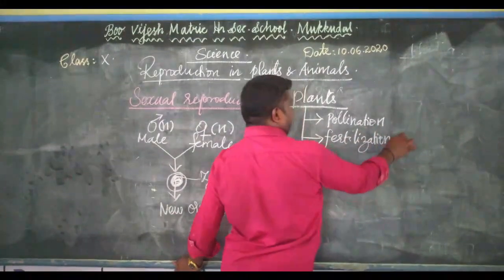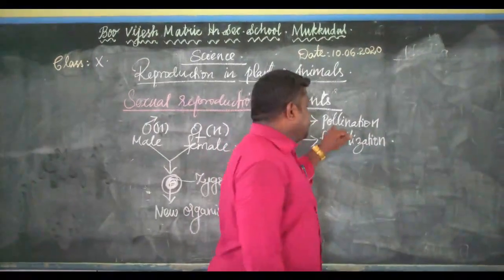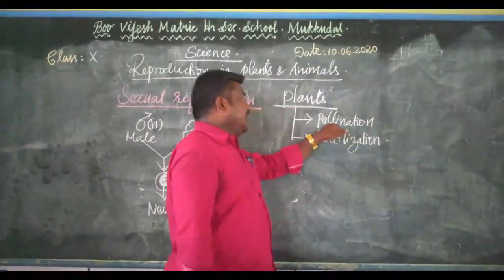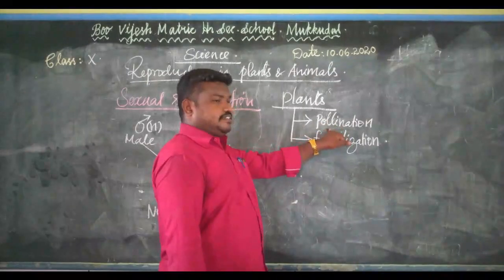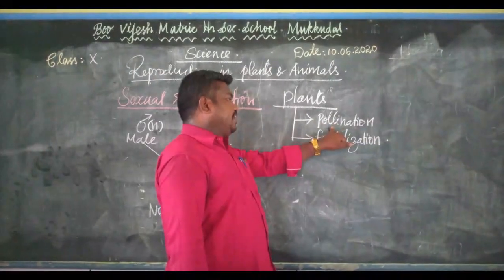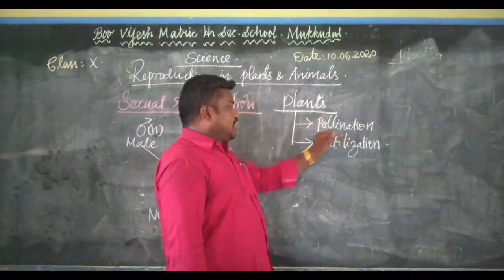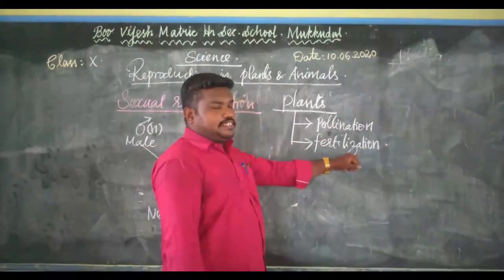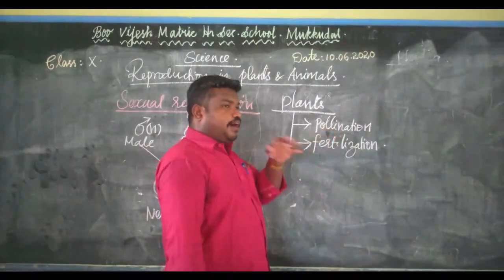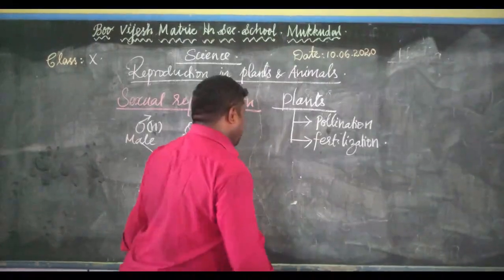In plants, the first event is known as pollination, then the second event is fertilization. So what is meant by pollination first?